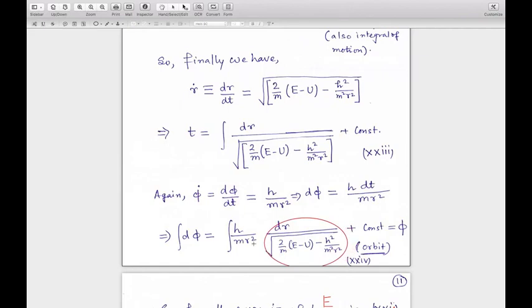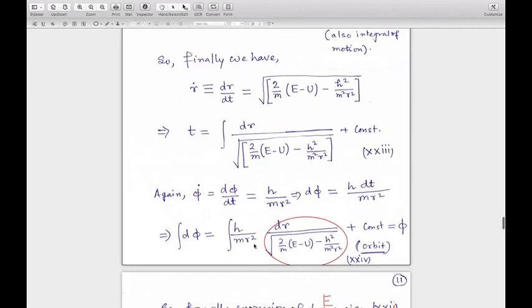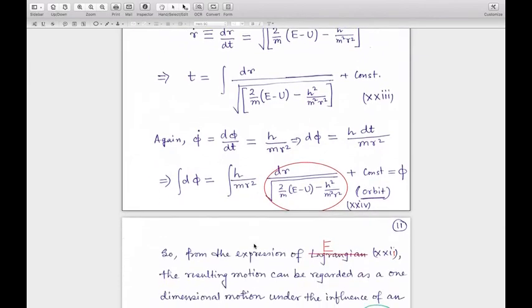If you integrate, finally you will have a relation between phi and r. If you remember, when you did central force motion using the Newtonian framework, the relation between r and phi gives you the equation of the orbits or trajectories, right? So that's super important.